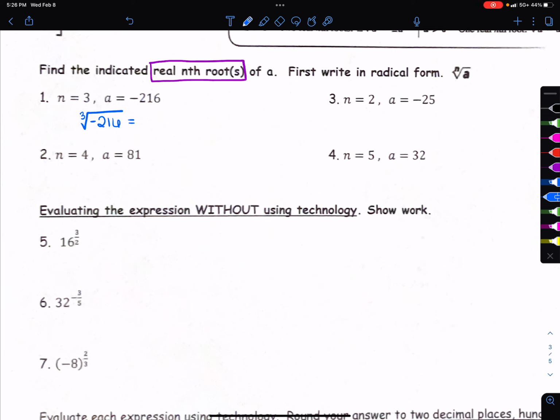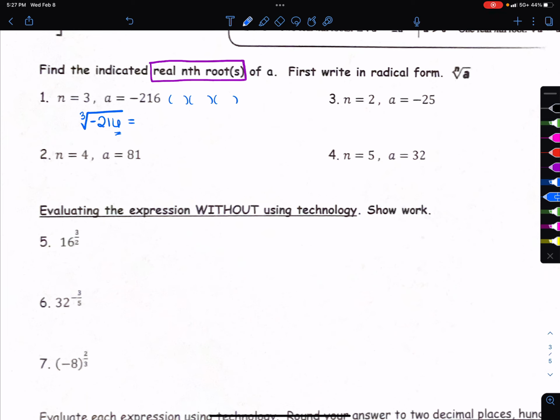So I want to know what number times itself 3 times could give me 216. I need it to be negative, but I'm just going to think positive for a second. Well, it's an even number, so that means that the numbers in here need to be an even number. Okay, so let's see what happens. 2 times 2 times 2, that gives me 8.